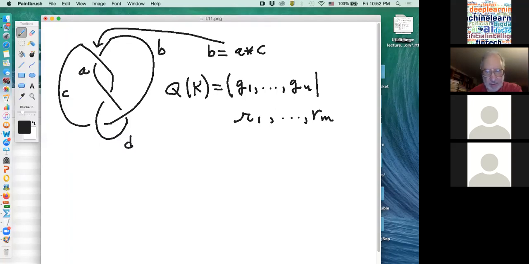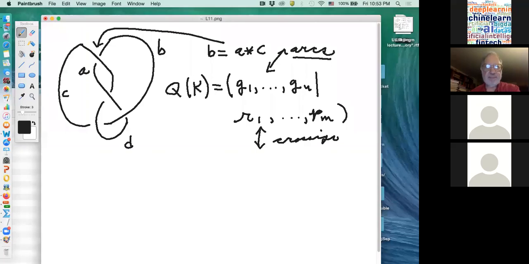Anyway, we can worry about the count later. But the relations correspond to the crossings, and the generators correspond to the arcs in the diagram. And at every crossing, we write down one relation.